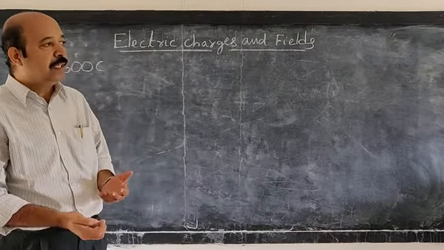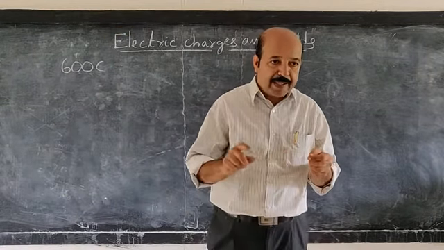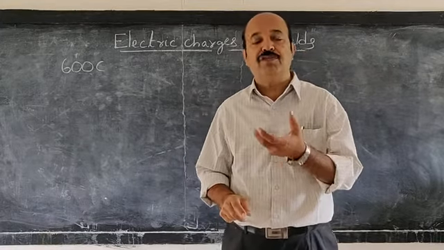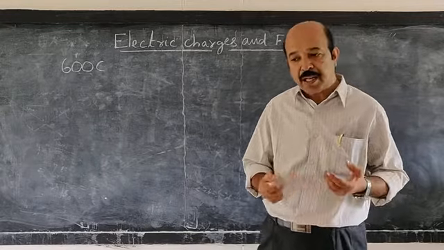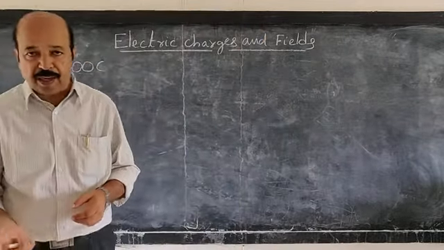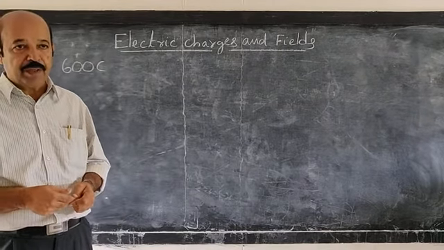For example, take a glass rod. When it is rubbed with silk cloth, it exhibits such attractive property towards small objects. Similarly, an ebonite rod or a plastic rod rubbed with fur or wool also shows such attractive property.